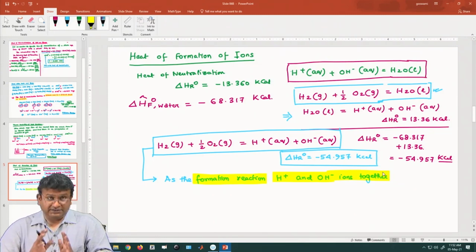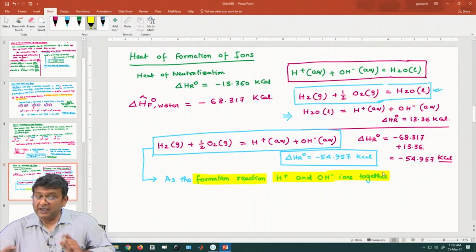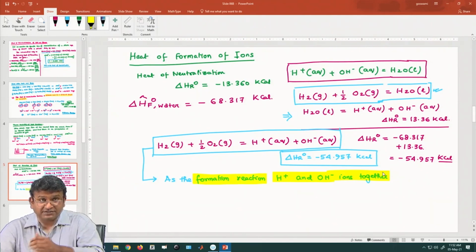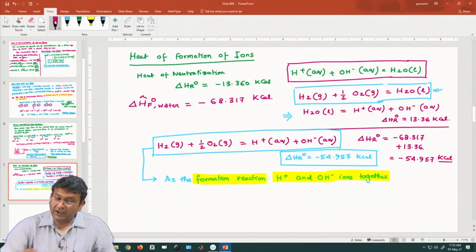So, here I stop this particular lecture at this point of time and continue in the next class. Here, as if we now have the combined value of heat of formation of H plus and OH minus ions. So, heat of formation of these two ions together.